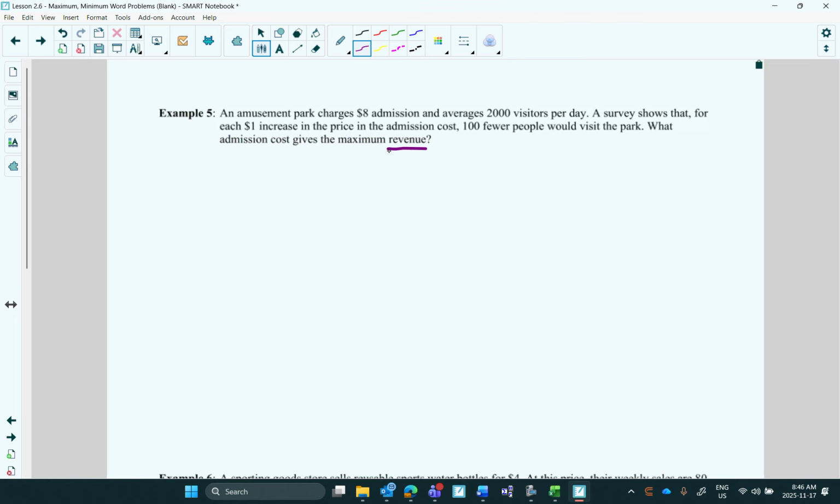If they decided to increase the price to $9, how many visitors would they get? 1,900, because they lose 100. How much are they making if they do this? 17,100. Notice they make a little bit more. So this seems like a good plan.